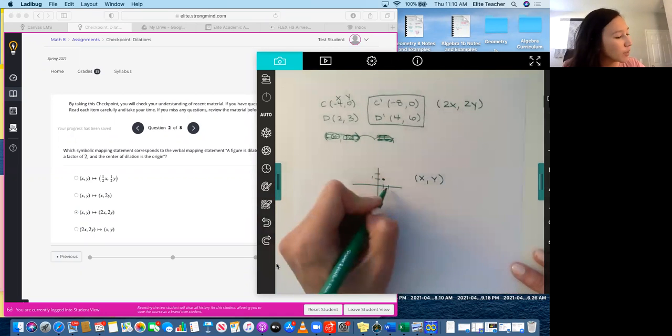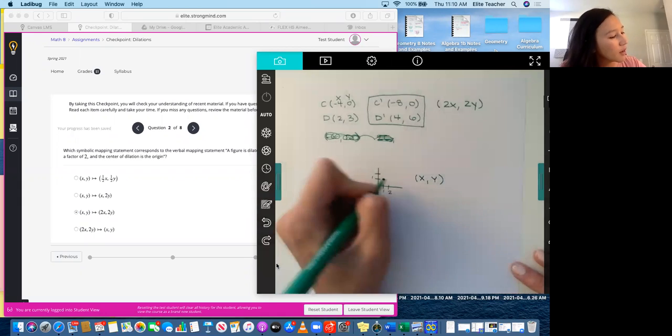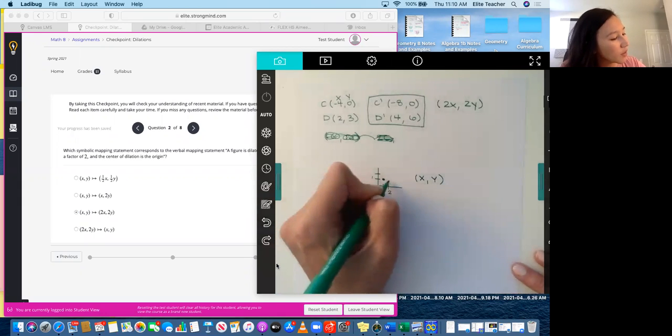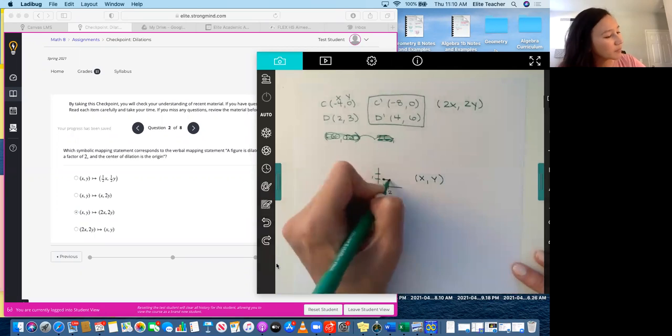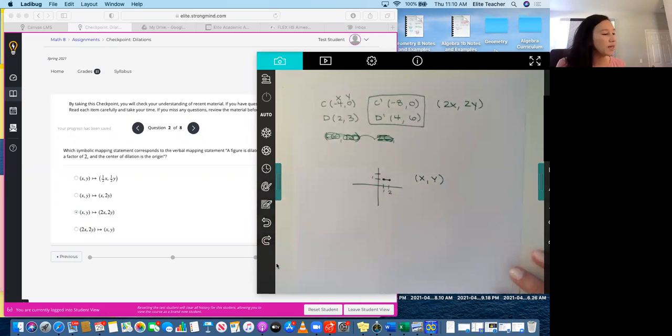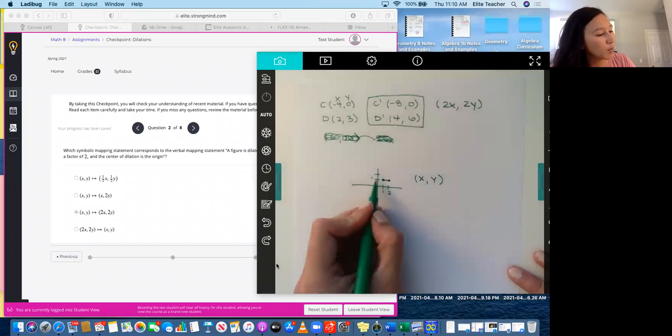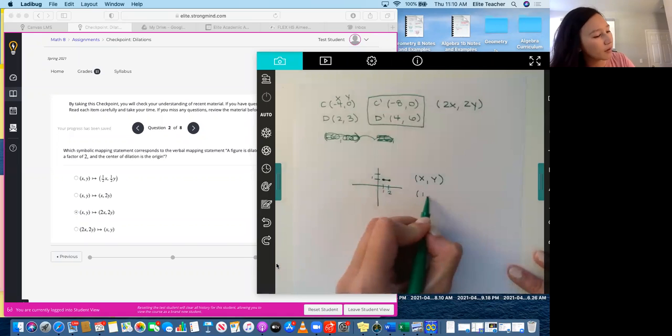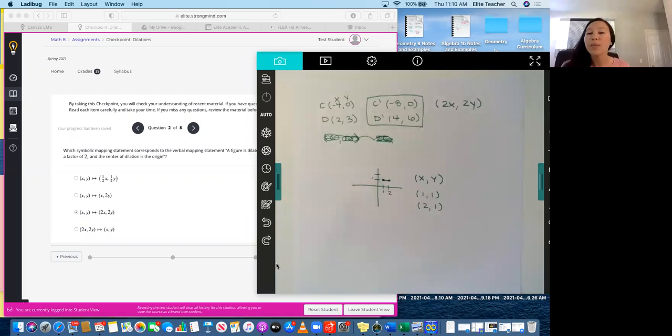Oh, I guess we need 2 points. We'll do 2, 1. So here's our line. And then we want to dilate it by a scale factor of 3. So our first point is 1, 1 and our second point was 2, 1. So how do we get the new points?